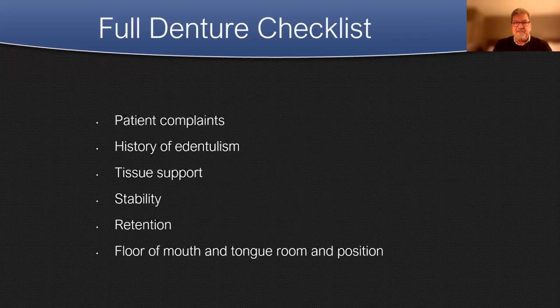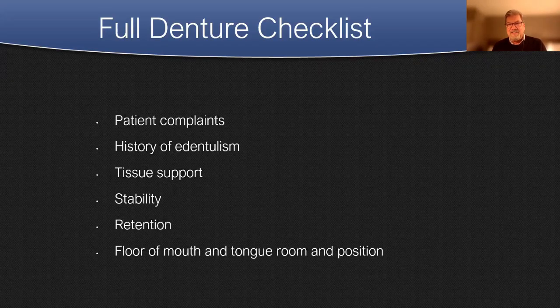For the new full denture checklist, we look at the patient complaints, the history of edentulism, tissue support, stability, retention. I put this in here because it's important as a dental technician. I used to look for this all the time. When I had my laboratory, I was in a building with 8 other dental practices, so I had the opportunity every single day to go chairside and watch the good and bad of what was happening with removables.